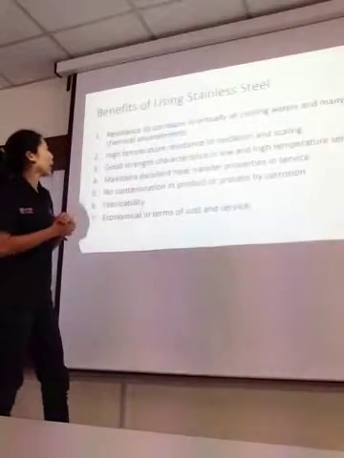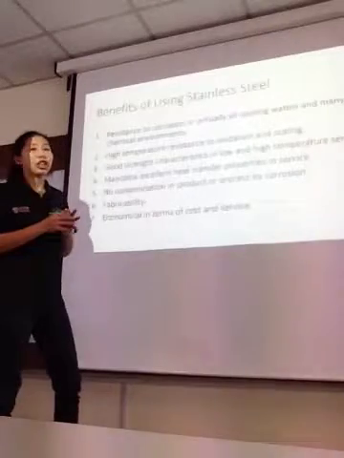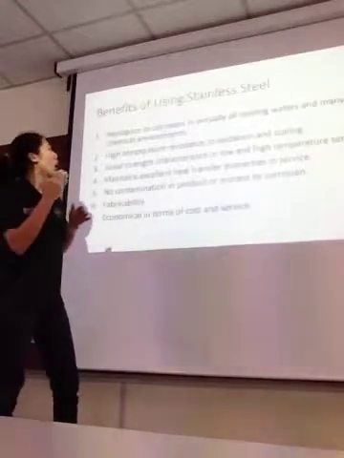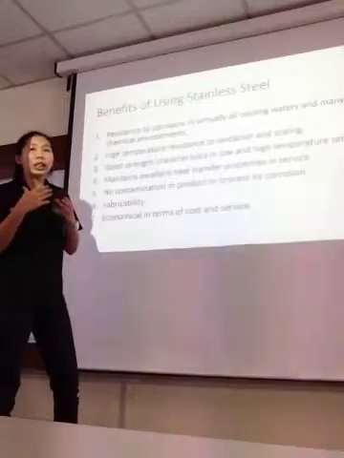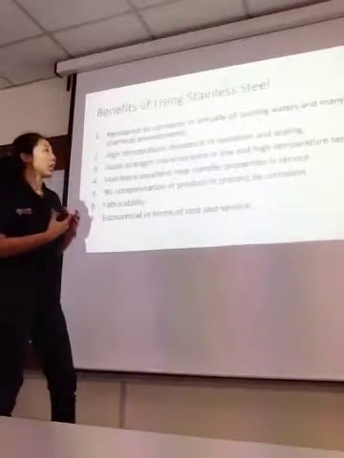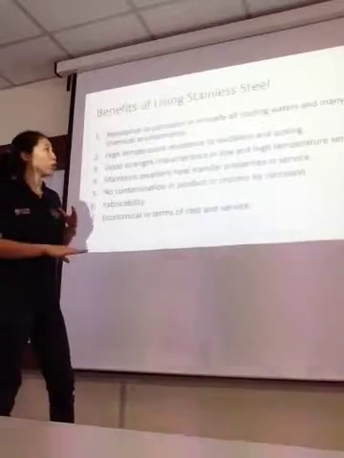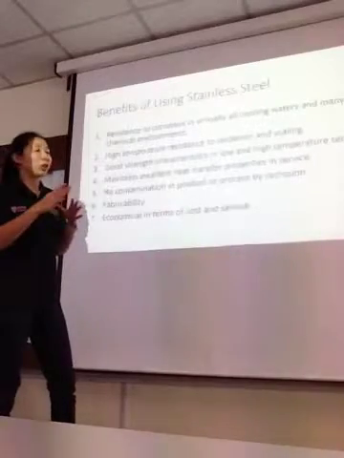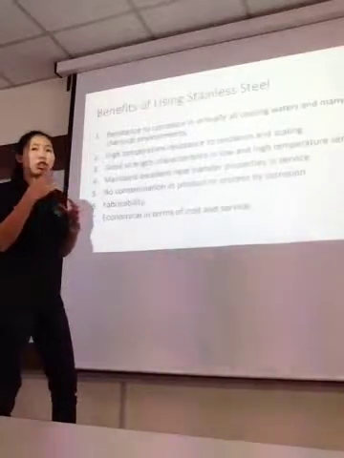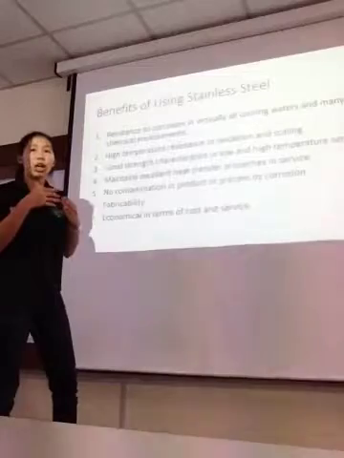The second is high temperature resistance to oxidation and scaling. Our milk will be processed at 72 degrees Celsius and also at a low temperature of 4, and this will cause a usual PVC pipe to corrode faster.